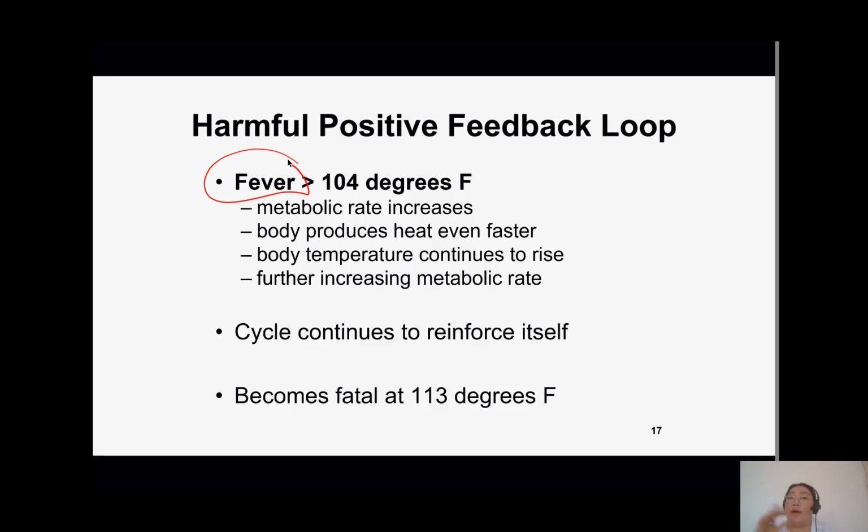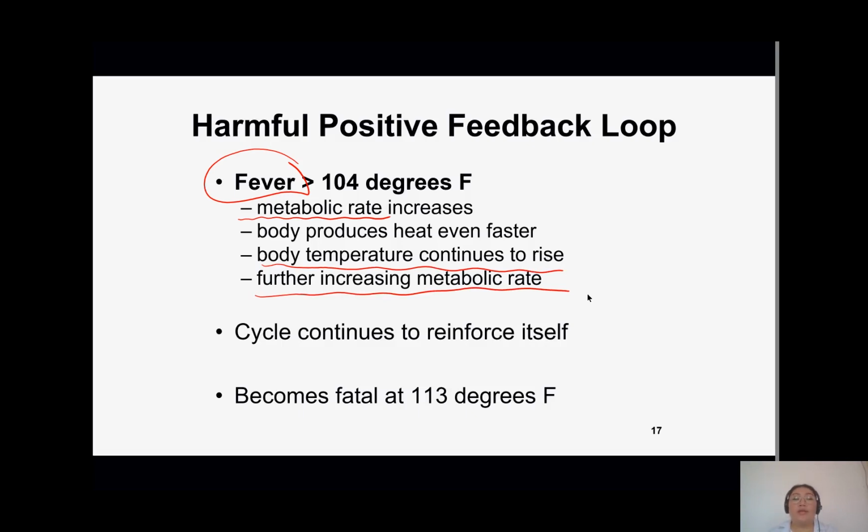I told you about the pyrogens' action. The fever is involved in many mechanisms, many responses, and the metabolic rate. Metabolic rate increases, and the body produces heat even faster. Then the body temperature continues to rise and further increases the metabolic rate. This is the harmful positive feedback loop.